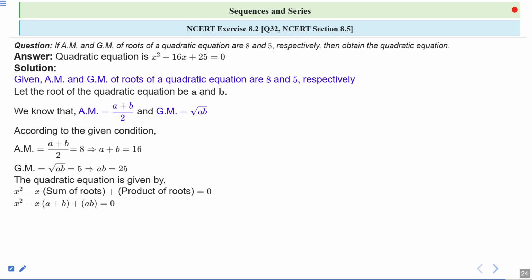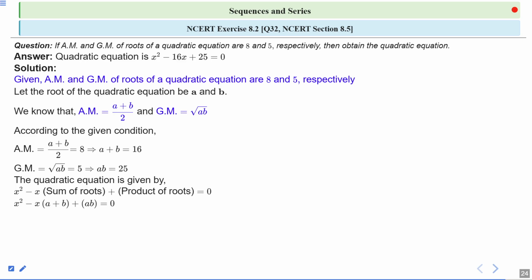We first let the roots of the quadratic equation be A and B. So A plus B is the sum of roots and A times B is the product of roots. Then you will get the equation x square minus x times (A plus B) plus AB equal to 0.